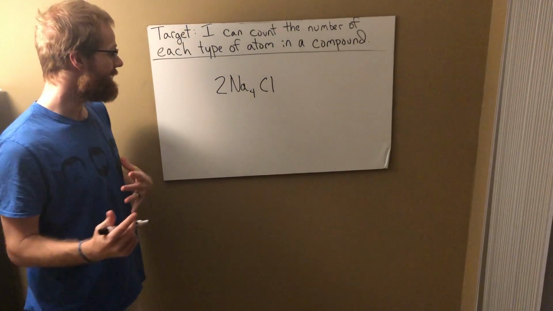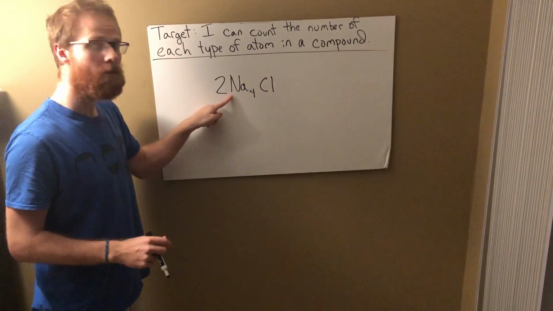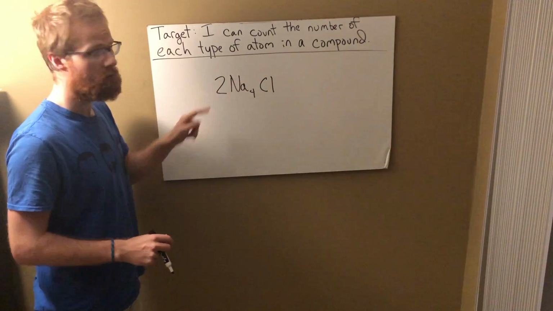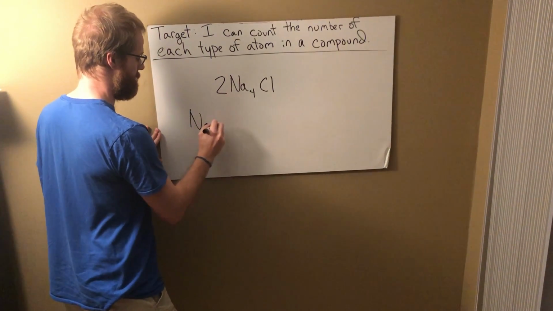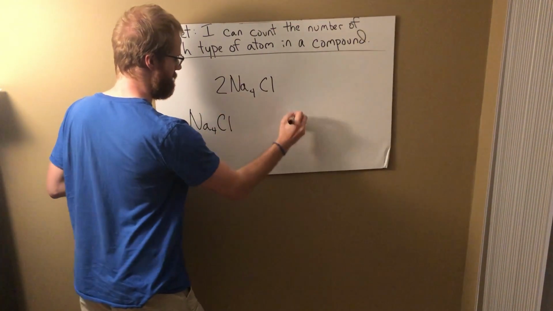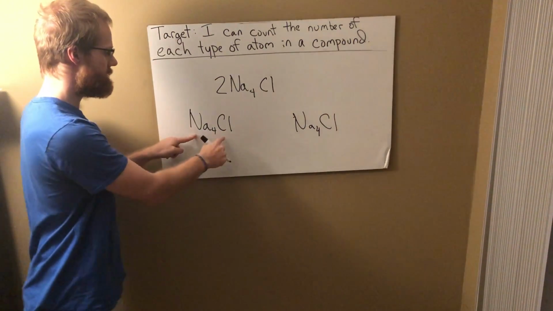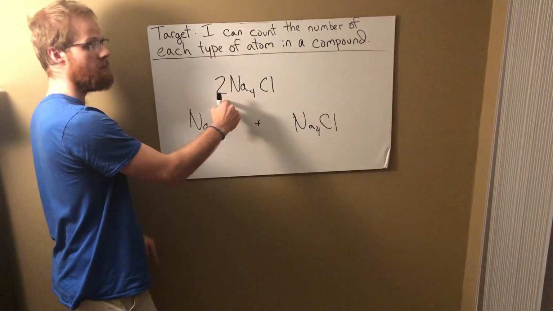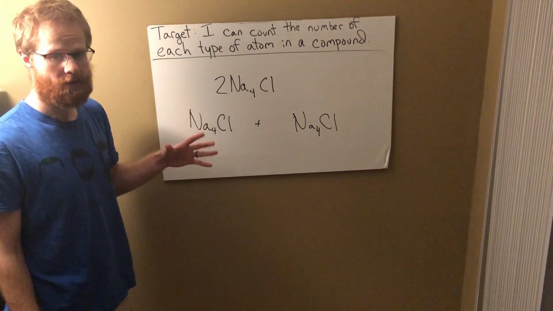So effectively, this coefficient 2 means there are 2 molecules of Na4Cl. Okay. This is the exact same thing as this right up here. That's what that 2 represents in front.